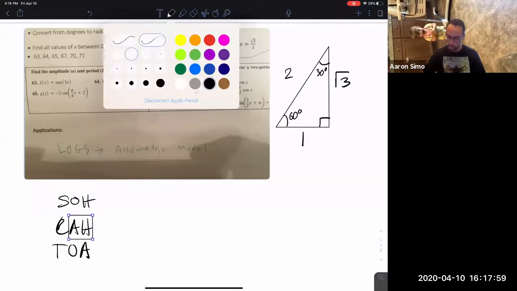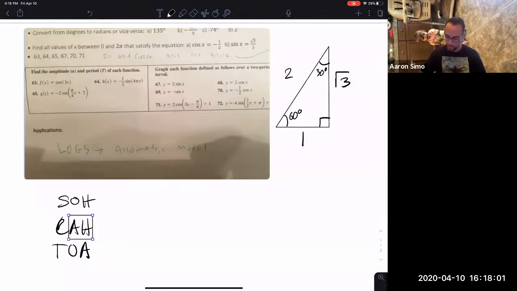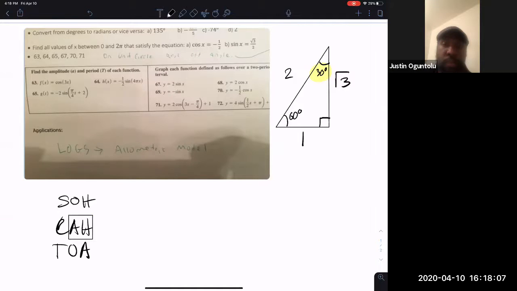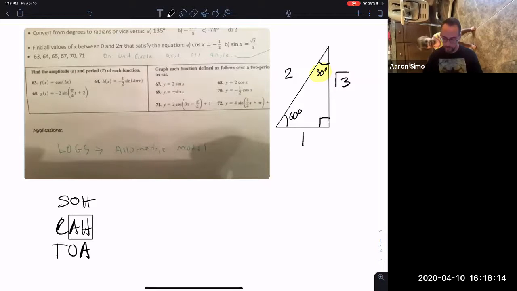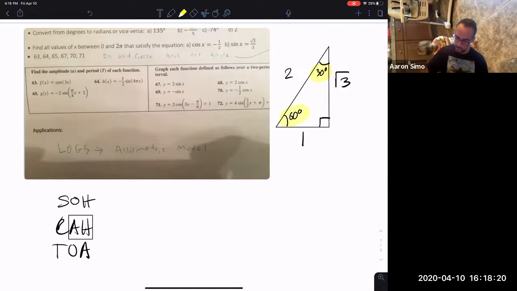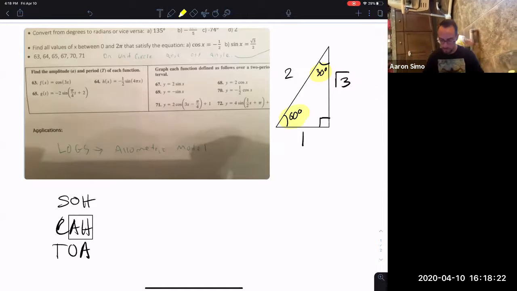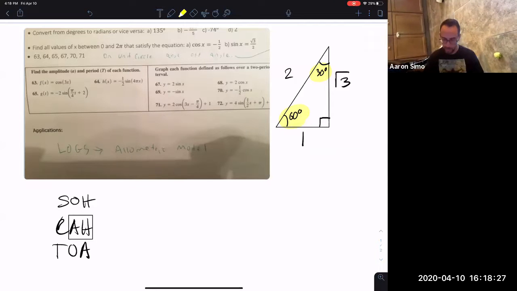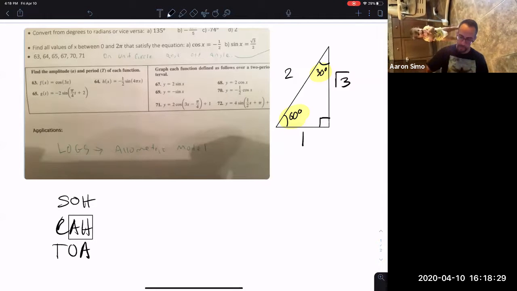Notice at this angle right here, 30 degrees, what's the adjacent? The adjacent would be √3. Then it's not 30. What about this one? What's the adjacent of 60? The adjacent would be 1, and the hypotenuse is 2. So we know that it's 60 degrees.